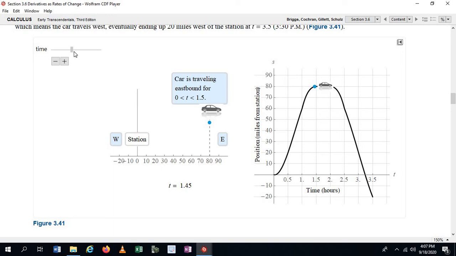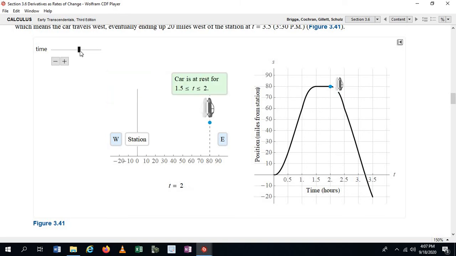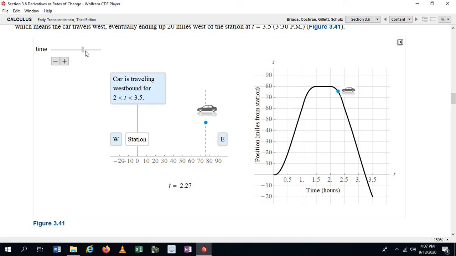And then it stays at the 80 mark for about a half hour. And then it begins to head towards the west until it goes back to position 0 on the number line, which is the police station.